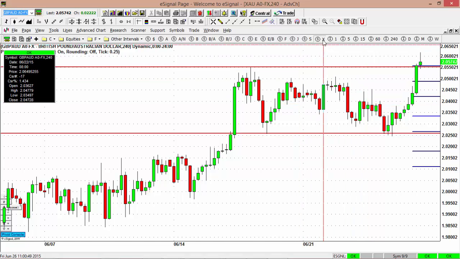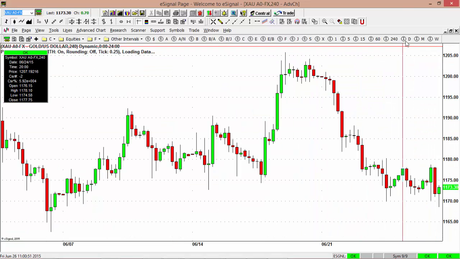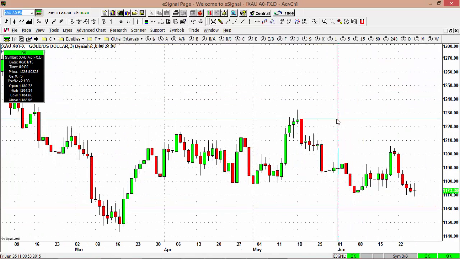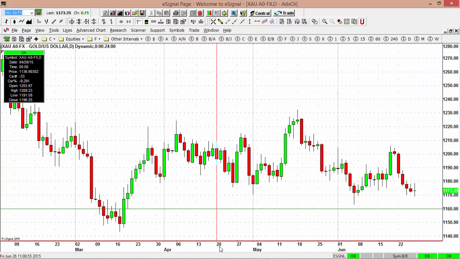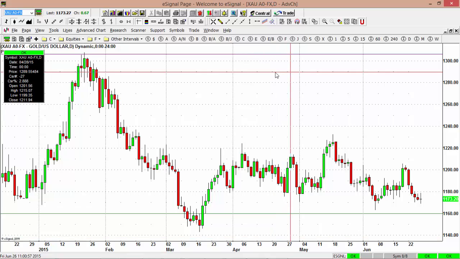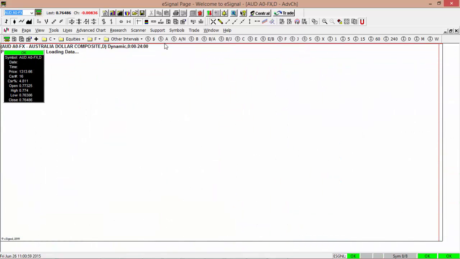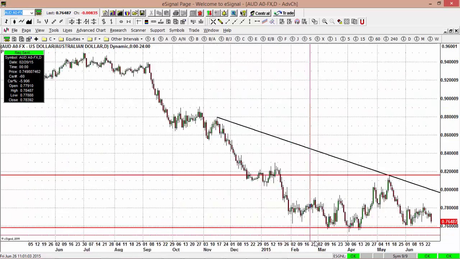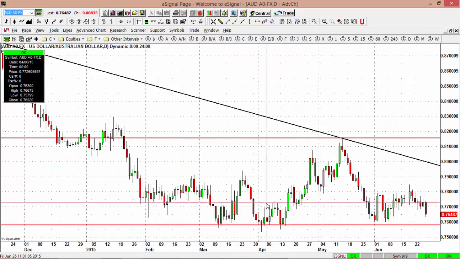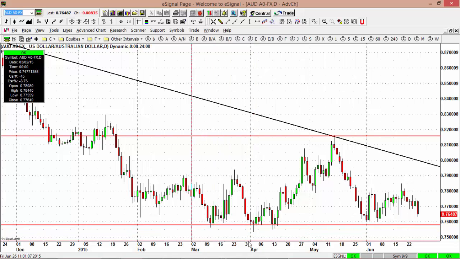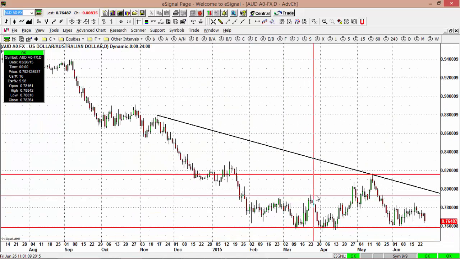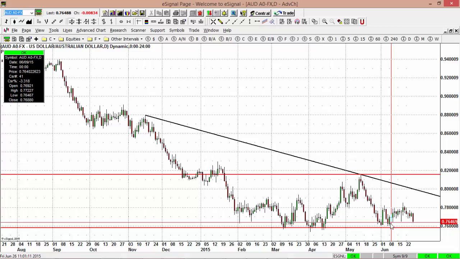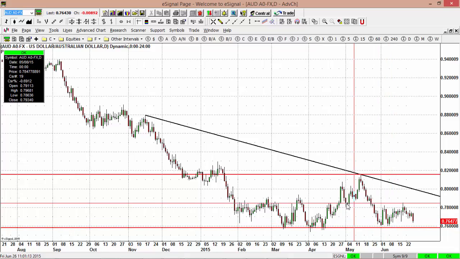Taking a look at gold, we are seeing a doji candle, but curiously, we see that the Australian dollar is down pretty significantly on the day so far, and I suspect next week we may see this market challenge this 76-cent level.